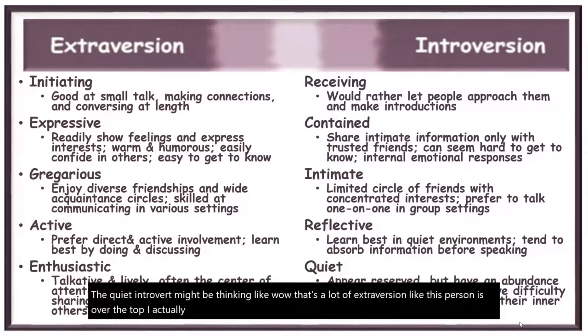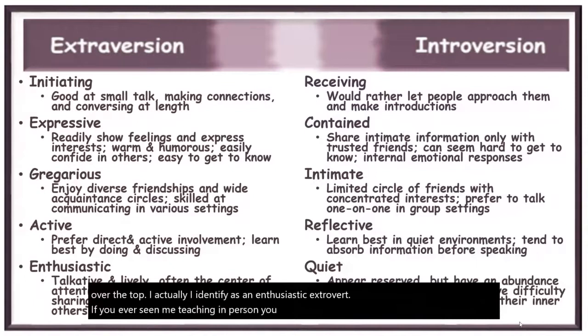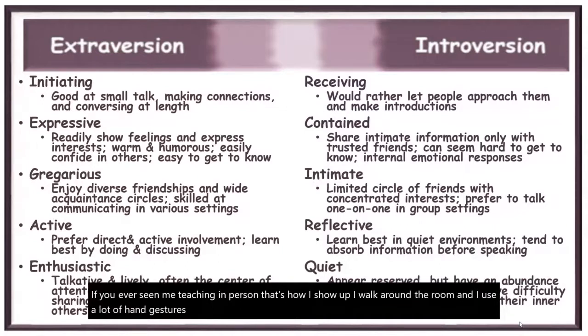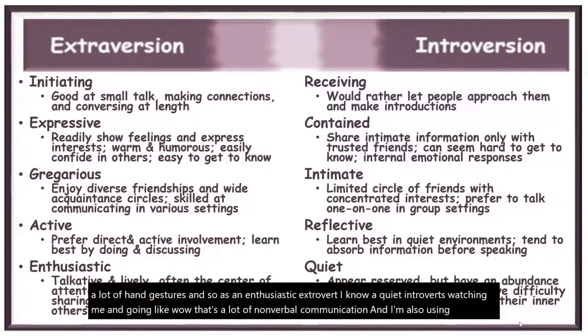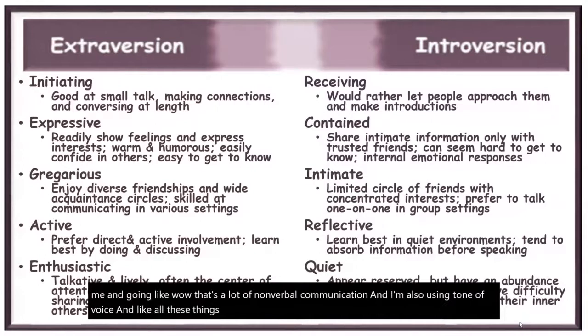I identify as an enthusiastic extrovert. If you've ever seen me teaching in person, you know that that's how I show up. I walk around the room and I use a lot of hand gestures. And so as an enthusiastic extrovert, I know a quiet introvert's watching me and going, wow, that's a lot of nonverbal communication. And I'm also using tone of voice and all these things just kind of come across. I do not appear to be reserved.